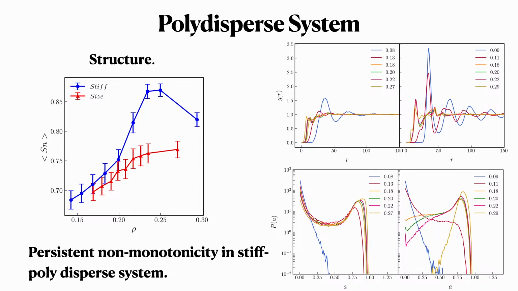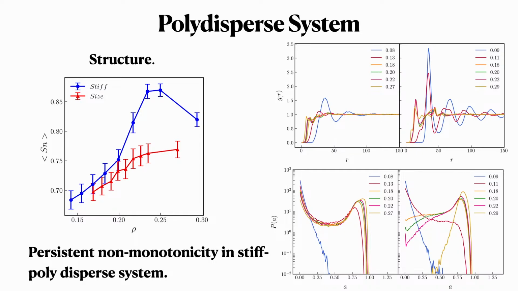But for the stiffness polydispersed case, there is a very narrow density range where different rings behave differently. For example, at density 0.11, we have a range of shapes for the stiffness polydispersed system, but if the density is less or more, you see a unimodal distribution.